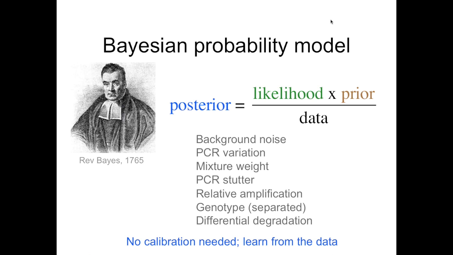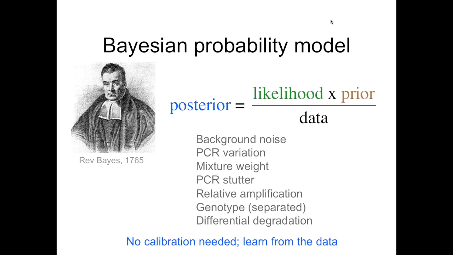The Reverend Thomas Bayes created and proved a very interesting theorem 250 years ago. And what he showed was, if you start with some prior belief, indicated on the right in brown, and you update that with a likelihood function that can explain data, indicated in green, then the posterior probability, the probability that you would obtain after having seen that data, indicated in blue, is what you would then believe.